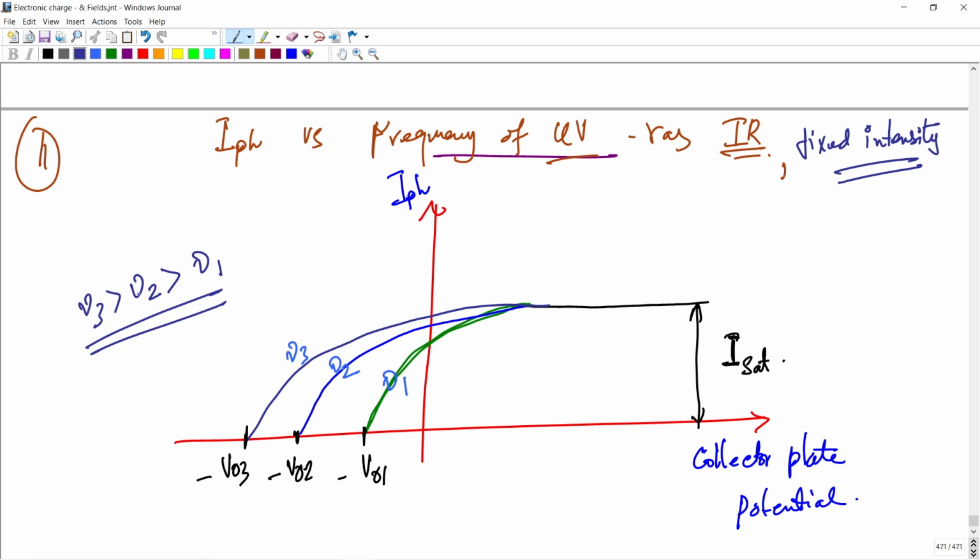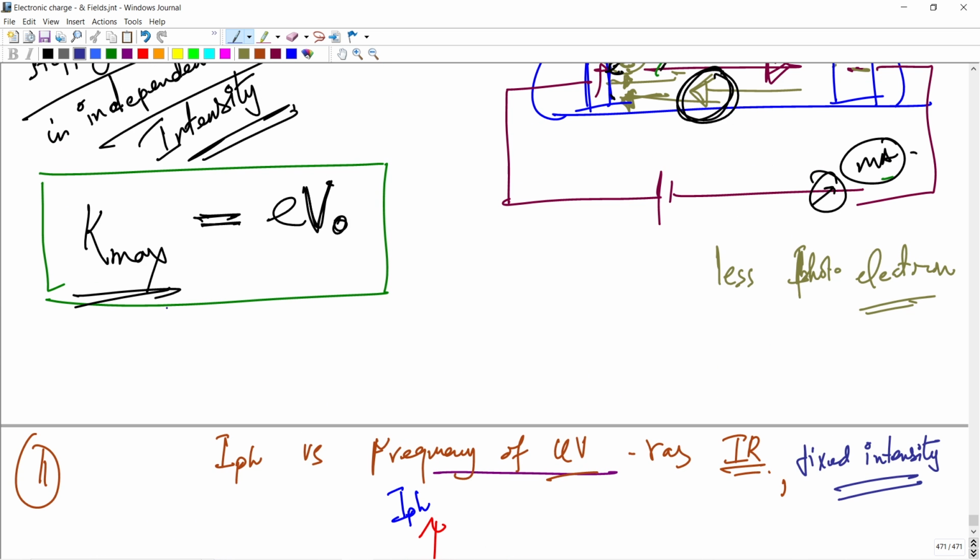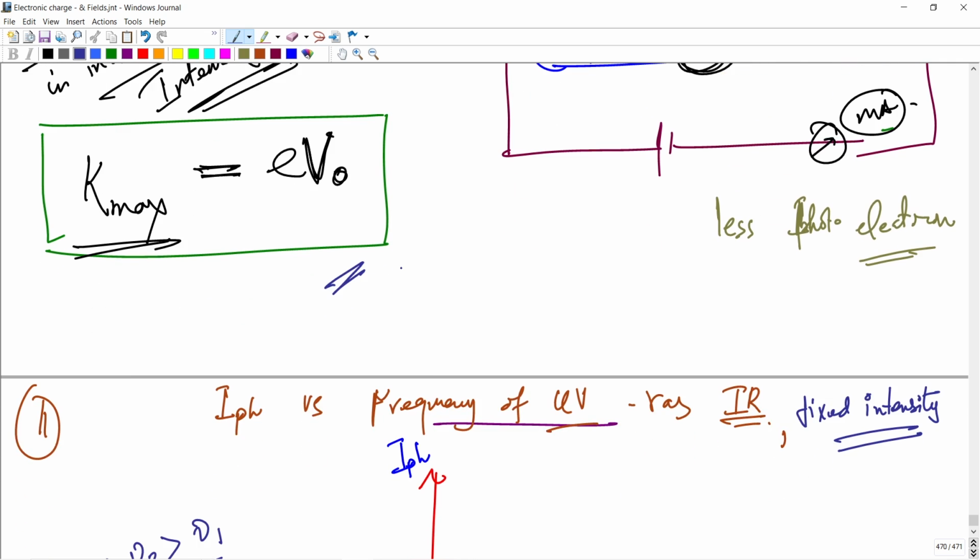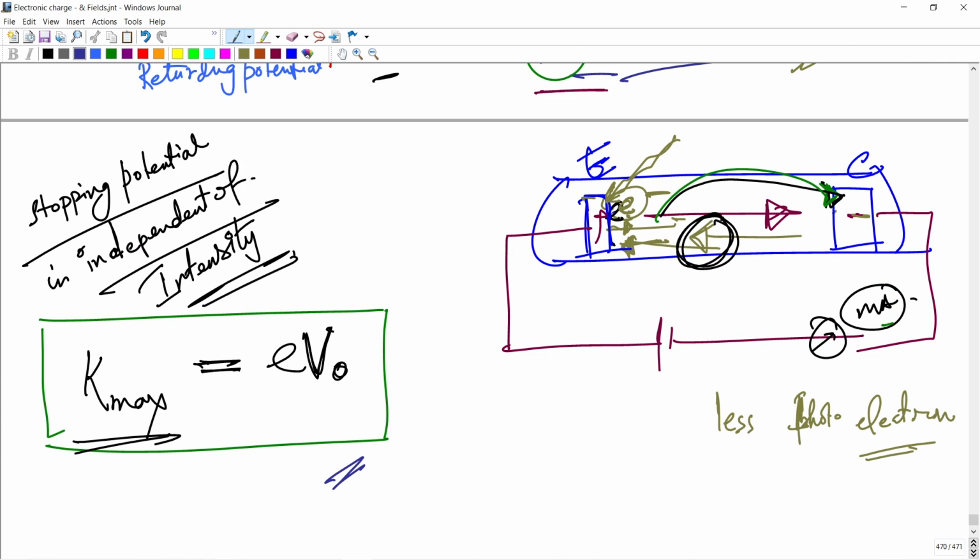If the frequency increases, we need more reverse potential to stop the maximum energetic electron. The concept is like this: if the frequency increases, the electron gets some extra energy to overcome that push, because there is a negative potential, so we need more potential to stop that electron.